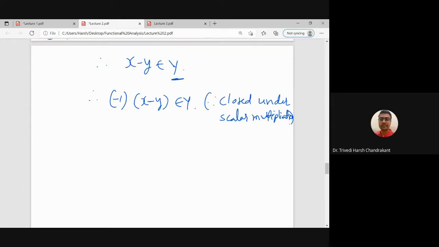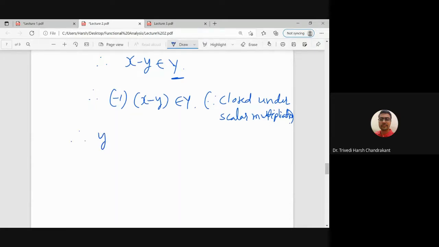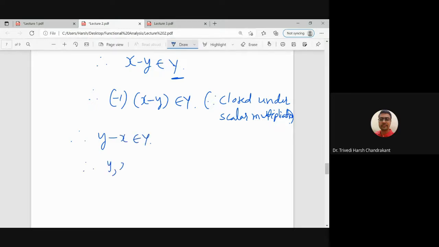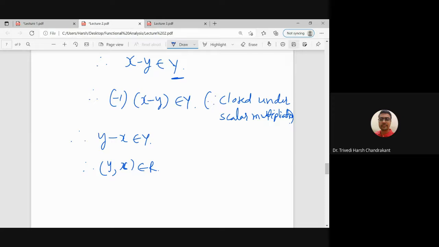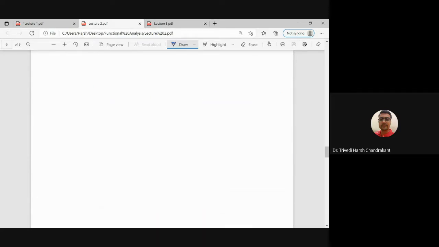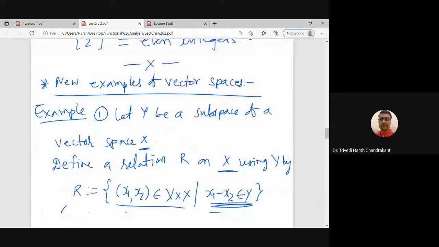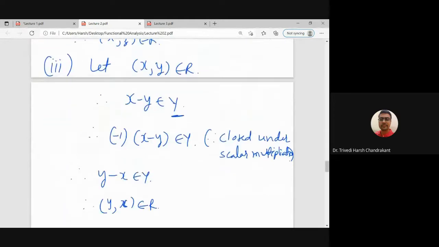So Y is closed under scalar multiplication, therefore the negative of this, y minus x, belongs to Y, and that is nothing but (y, x) belongs to R. So now we have verified that this relation is reflexive, transitive, and symmetric.